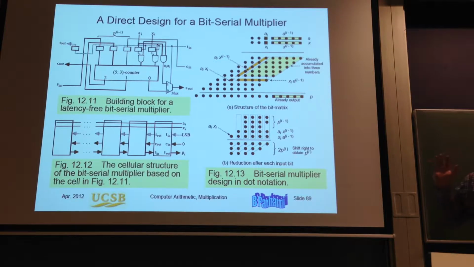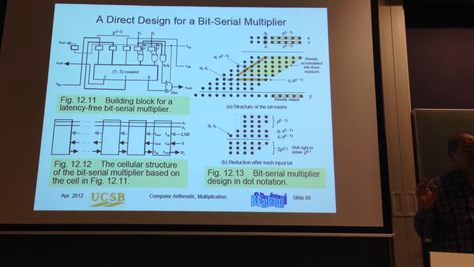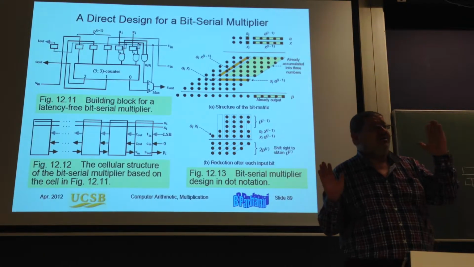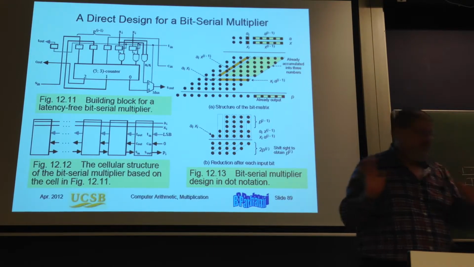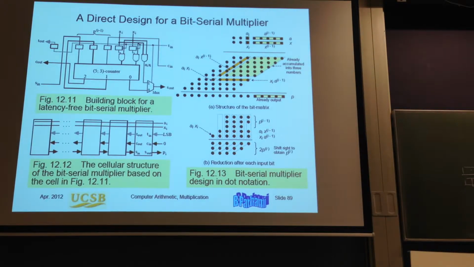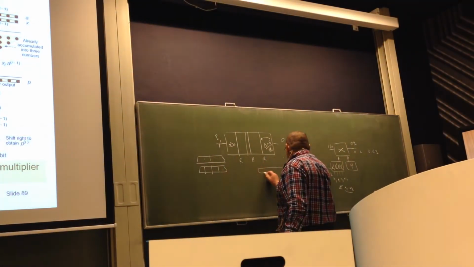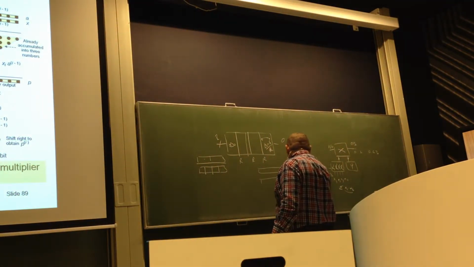Then my job is to compute the product of 2 numbers. And I am doing the calculation based on the fact that they are arriving 1 bit at a time. And while they are coming, those are my operands.